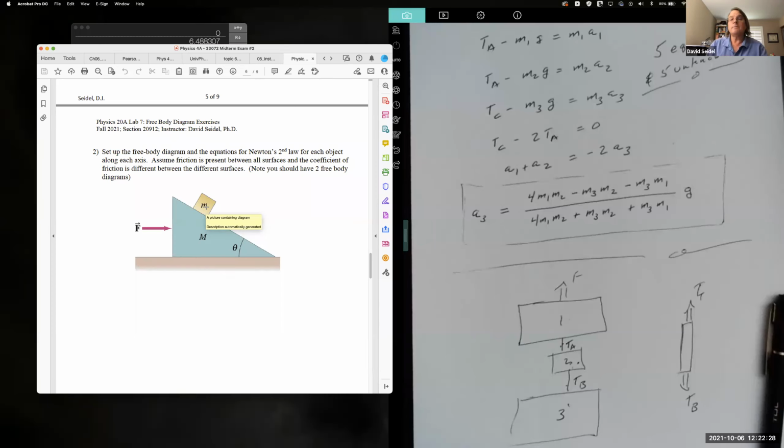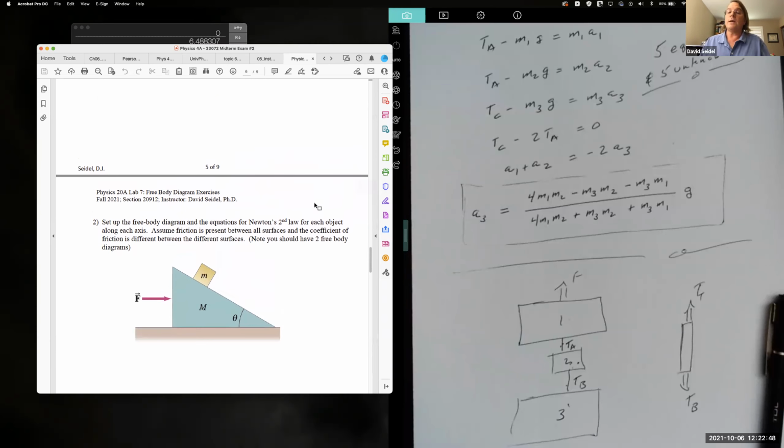All right? So is everybody clear on what we're doing with this? I want you guys to get practice dealing with free body diagrams and get comfortable with them and setting up your equations of motion.